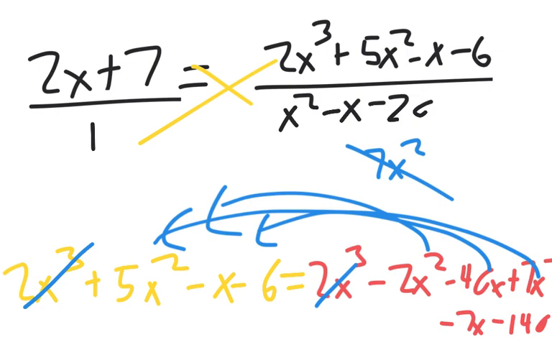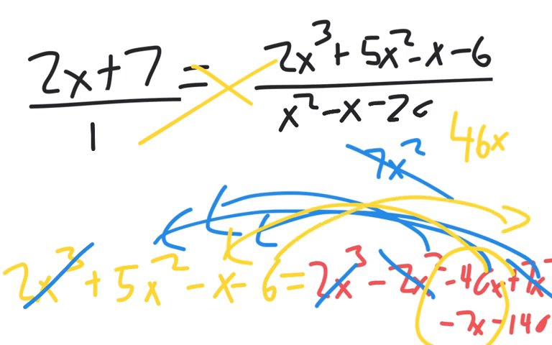That term's gone. So I'm done with these. And then these combine to be negative 47x. Move negative 47x over, it becomes positive 46x. Sorry, I'm just trying to see if this works. 46x, move the negative 6 over, it becomes positive. So that's going to be negative 136.